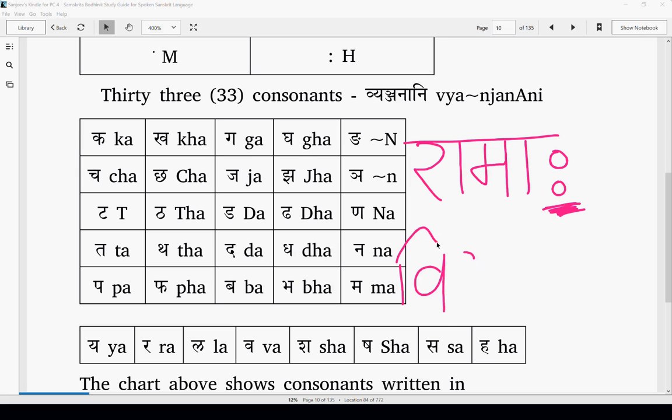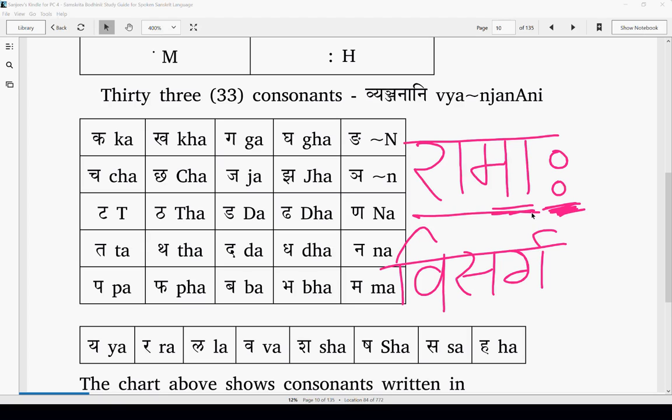Visarga also means release. Visarga is a release of breath. When we are saying this last vowel, last swara, then that breath has to be released. It should not be converted into a different sound of a different vowel.